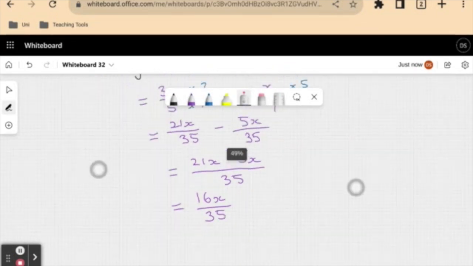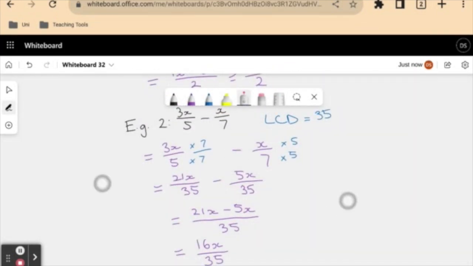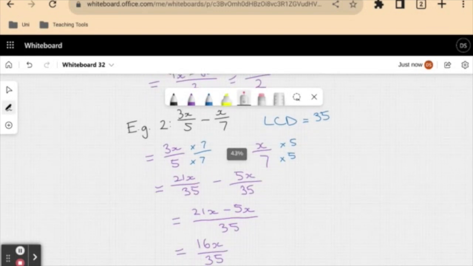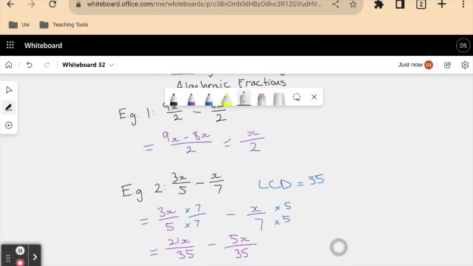So just to give a quick recap, especially when dealing with different denominators, we still approach our algebraic expressions in the same way. We are just finding a lowest common denominator and then doing our addition and subtraction.